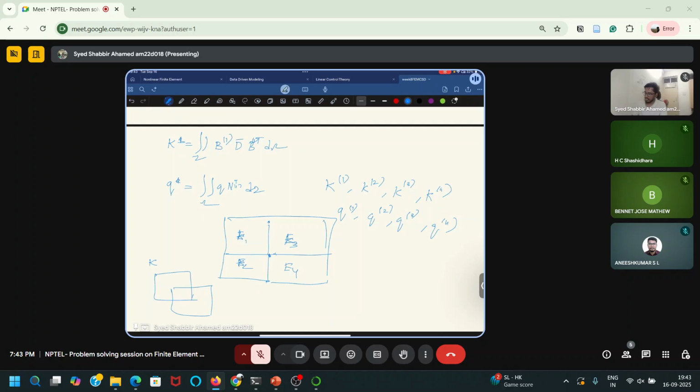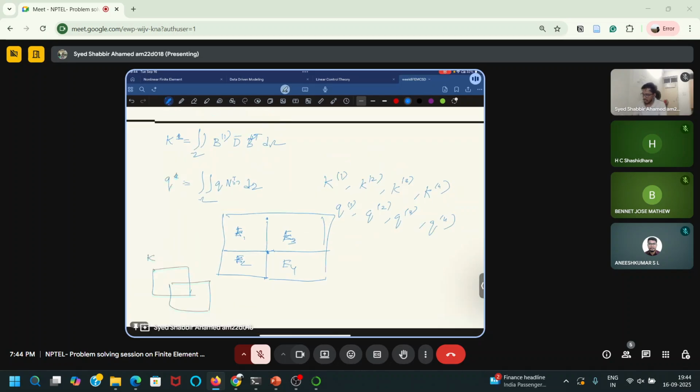Element 1 is sharing nodes with all the others, so each element is sharing nodes with everything, and whatever nodes are shared all have to be taken care of. So you have to write a logic mapping to do this.